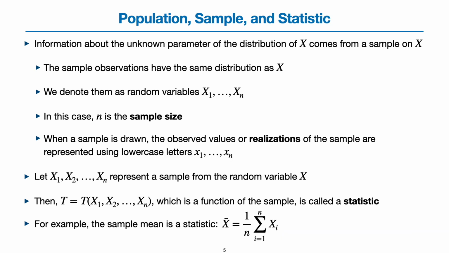So now let's look at a few terms that we need to know when we talk about statistical inference. In general, when we don't know certain things about the distribution, we need to have a couple of observations or realizations of that distribution.